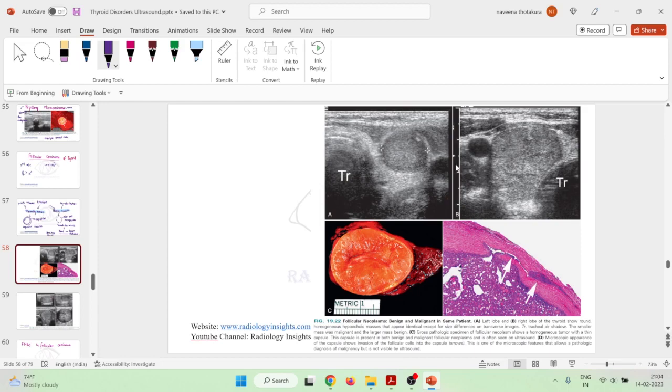But as such, we cannot say that this is a follicular carcinoma, because the main diagnosis of follicular carcinoma is histological, that is histopathological correlation, because follicular adenomas and follicular carcinomas only differ in vascular and capsular invasion, which can only be diagnosed by microscopic evaluation, not by ultrasonography.